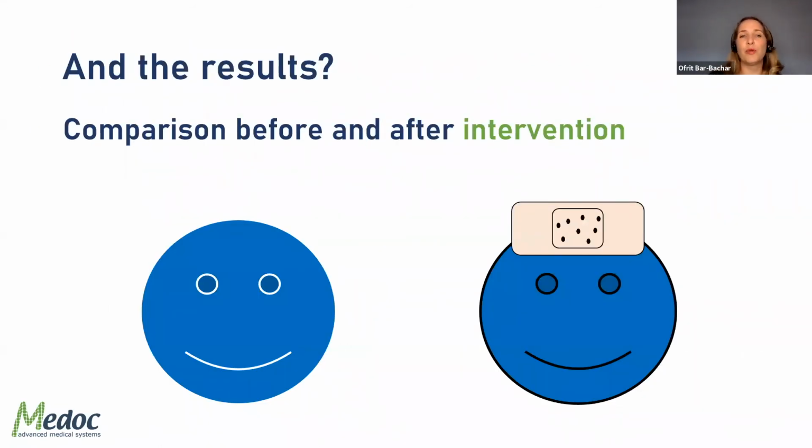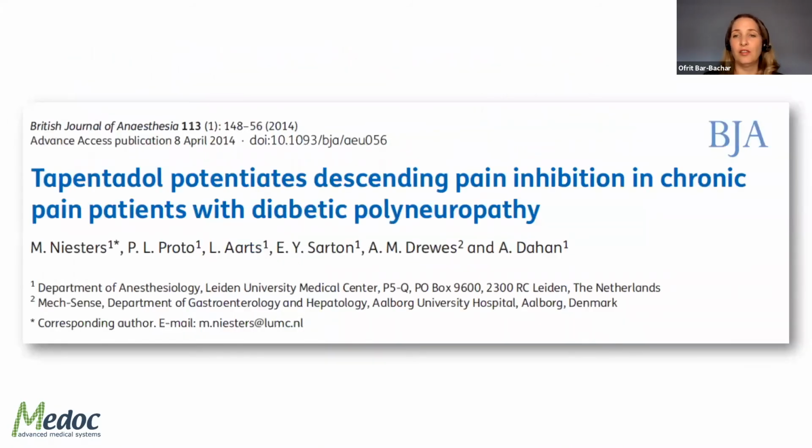We can, of course, also compare before and after an intervention, like this study, again from Niesters in Leiden, the Netherlands, where they had an intervention of giving tapentadol or placebo to diabetic neuropathy patients, and measuring before and after 4 weeks of intervention. And what they found was that CPM was significantly activated by tapentadol, and this also coincided with significant analgesic responses.